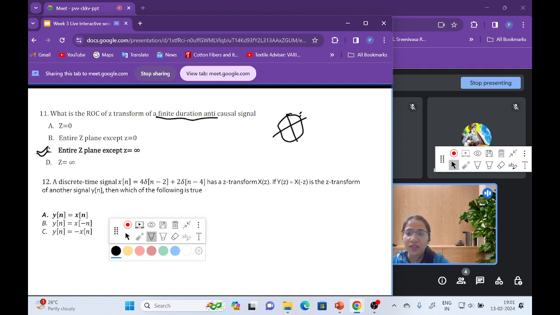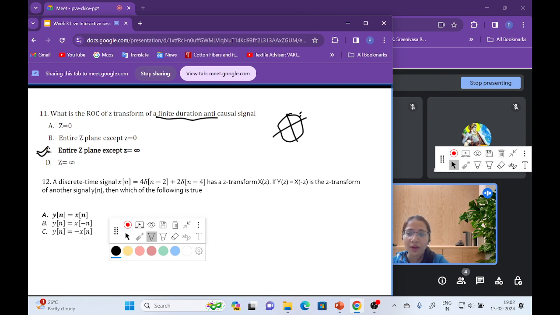And the next question is: a discrete time signal x of n is equal to 4 delta n minus 2 plus 2 delta n minus 4 has a Z transform X of z. If Y of z is equal to X of minus z is the Z transform of another signal y of n, then which of the following is true?